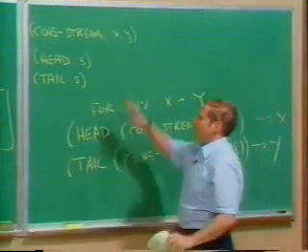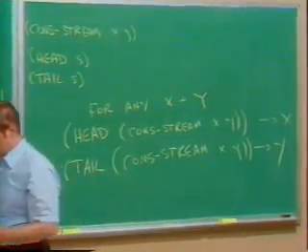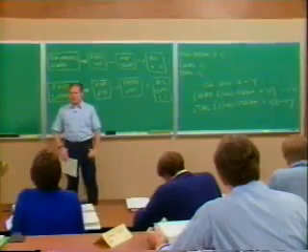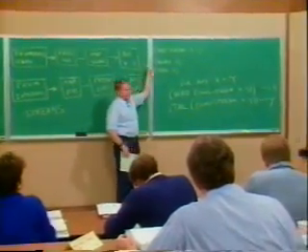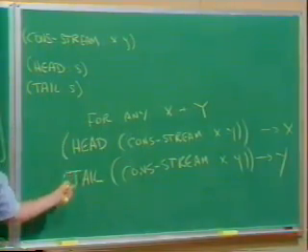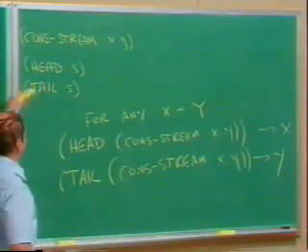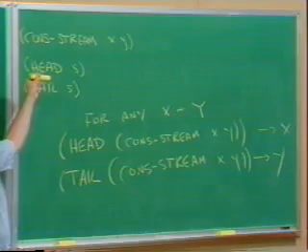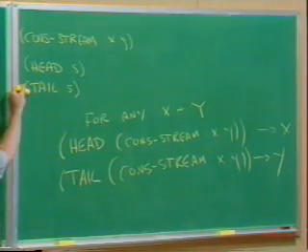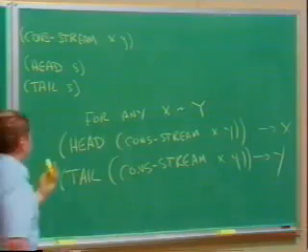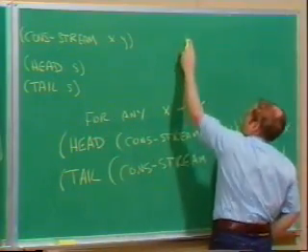So those are the constructor, two selectors for streams, and an axiom. There's something fishy here. You might notice that these are exactly the axioms for cons, car, and cdr. See, if instead of writing constStream, I wrote cons, and I said head was the car and tail was the cdr, those are exactly the axioms for pairs. And in fact, there's another thing here. We're going to have a thing called the empty stream.